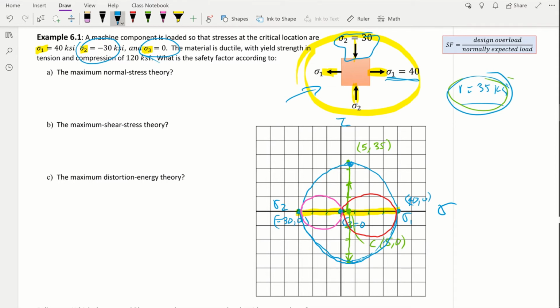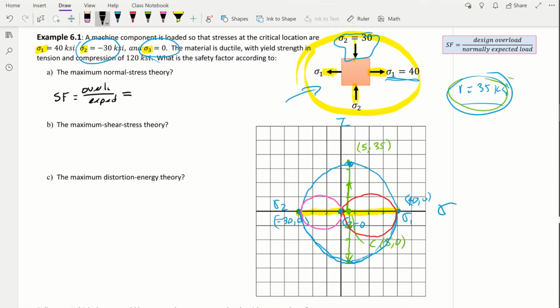Now remember the formula for safety factor, which is the design overload divided by the normally expected load, right? So if I calculate for maximum normal stress theory, the safety factor is the overload divided by the expected, or what you're seeing. Well, what is the overload?